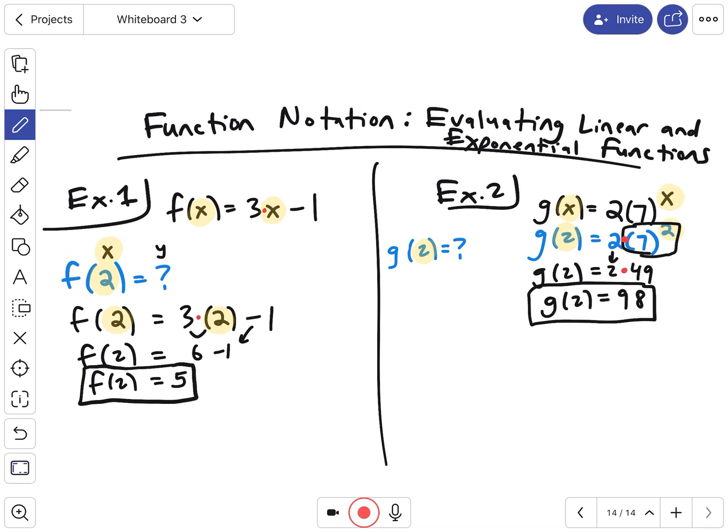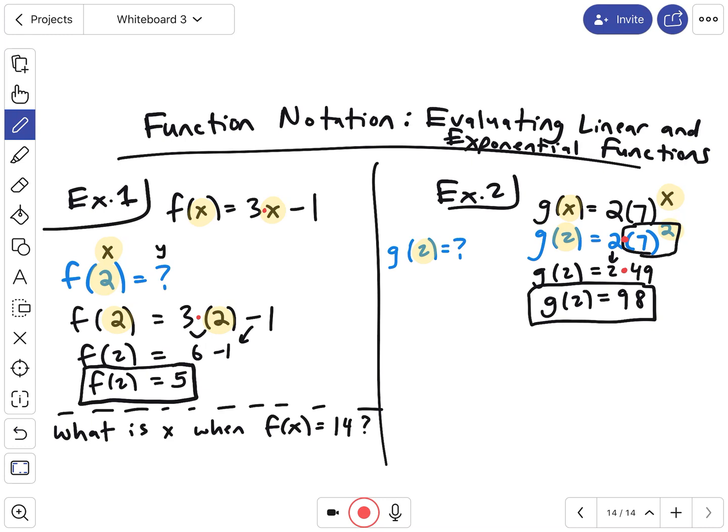And I just want to go over one more example that you might see. Let's try it with this one on the left. So it might say, what is x when f of x equals, let's say, 14.